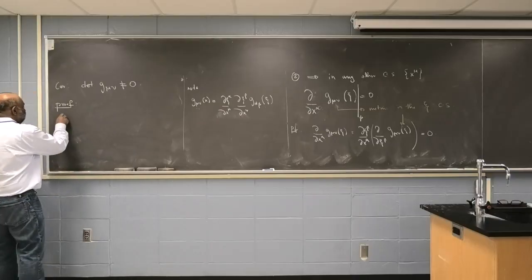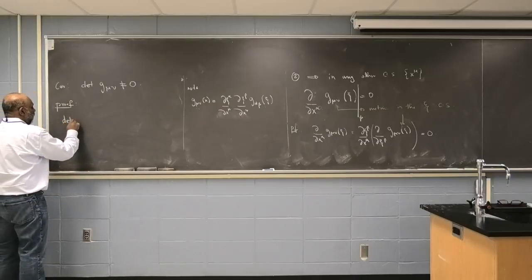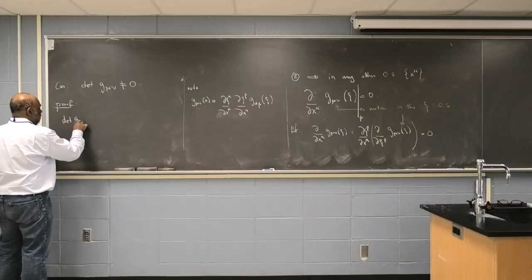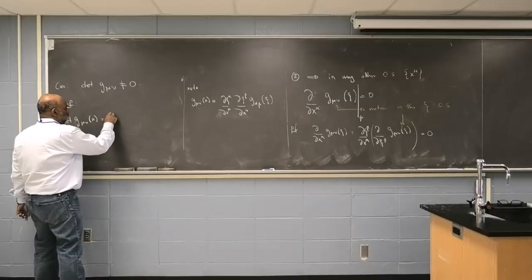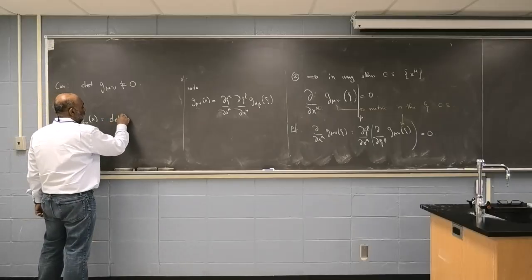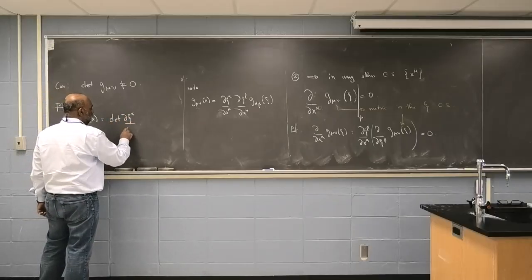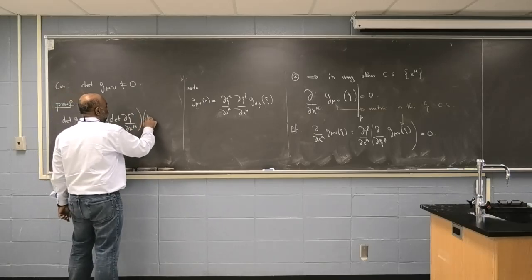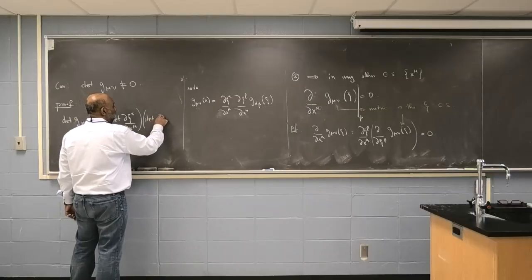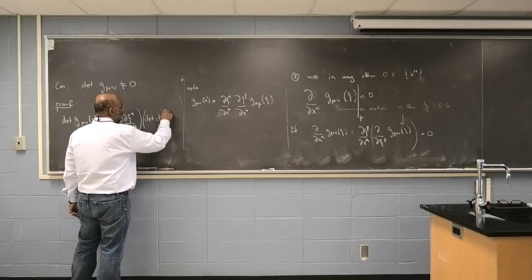Because the determinant of g mu nu in any coordinate x is equal to the determinant of d psi alpha dx mu, because the product of the determinants is the determinant of the product.